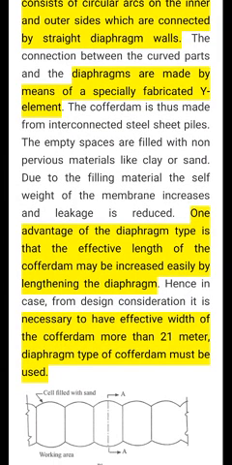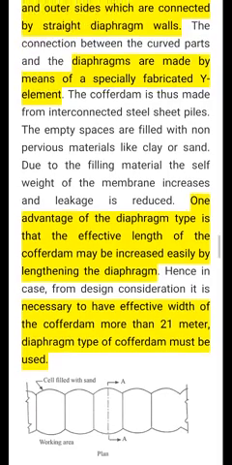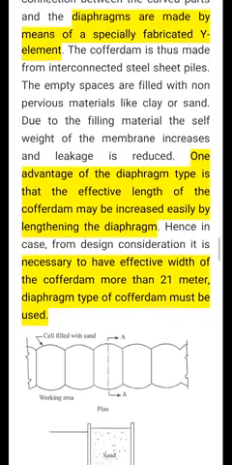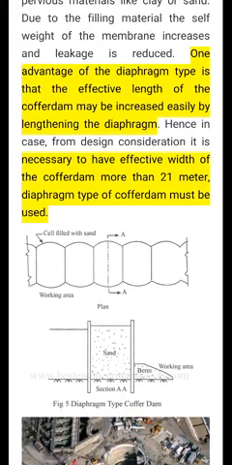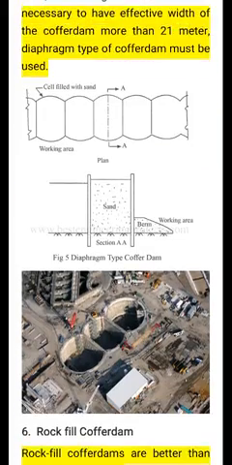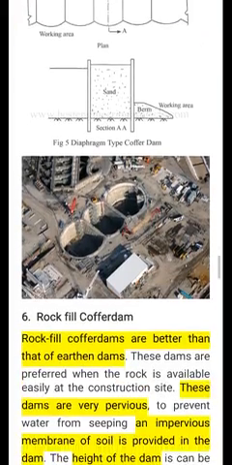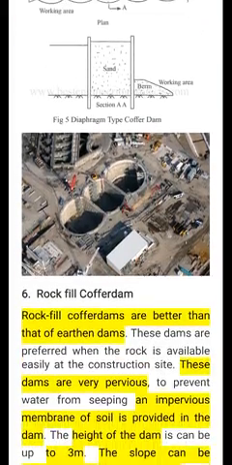It is not fixed to a dimension the way the circular one is. If it is necessary to have an effective width of the cofferdam more than 21 meters, the diaphragm type of cofferdam must be used. Now look at the picture. You can see we have exact information about the cofferdam.